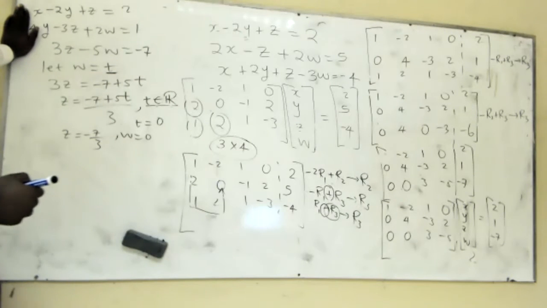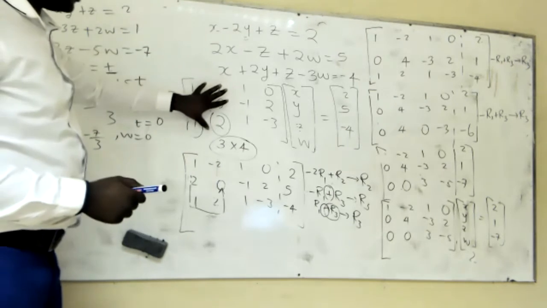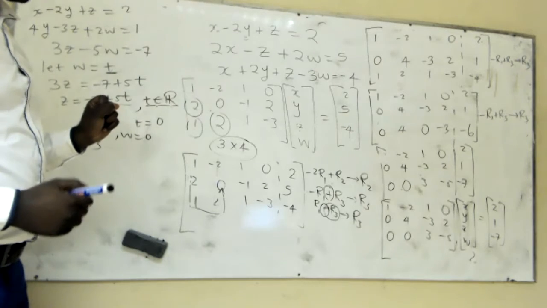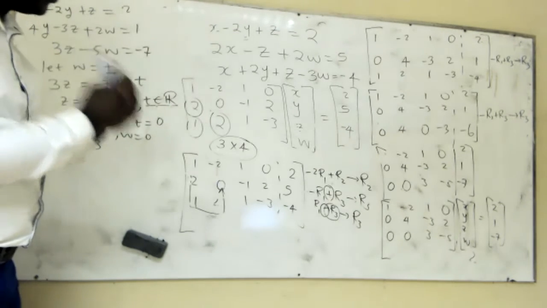Yes, because, okay, now let me get to the point. Because it's something which I wanted to explain at a later stage. This equation we are dealing with is linearly dependent. So it means you are not going to get a unique solution.